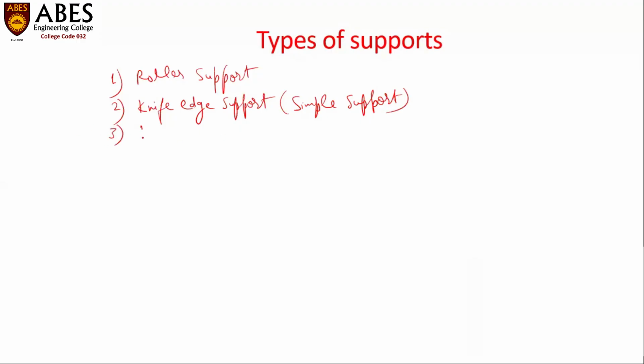Third one is hinge support. And fourth one is the fixed support. These are the four main types of supports which are generally used with different types of beams.